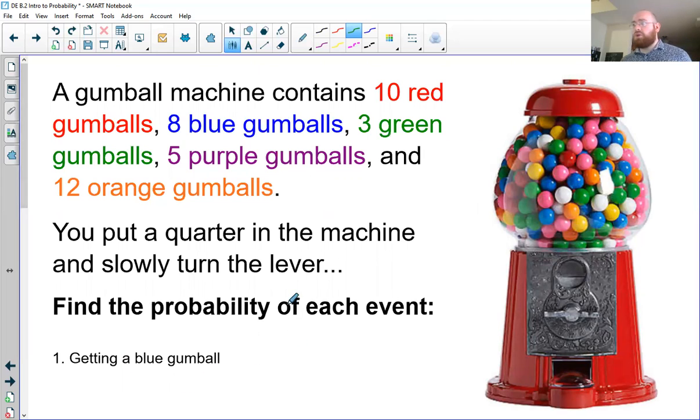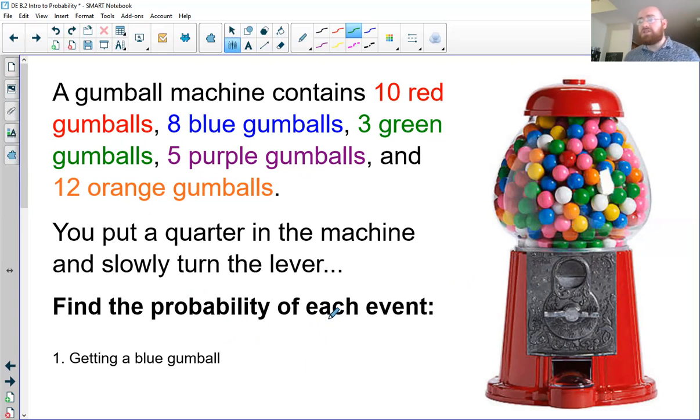Lastly, we're going to do a probability with a gumball machine. So a gumball machine contains 10 red gumballs, 8 blue gumballs, 3 green gumballs, 5 purple gumballs, and 12 orange gumballs. Obviously, this is not the one that's pictured. This one has too many gumballs in it. So we put a quarter into the machine and we slowly turn the lever, and we want to find the probability of each event.